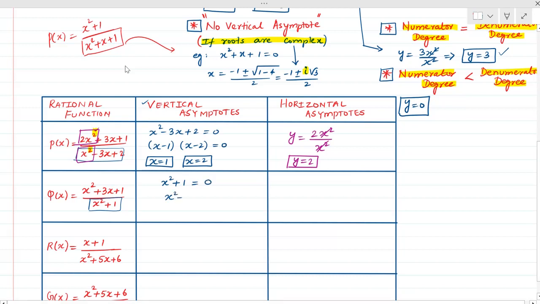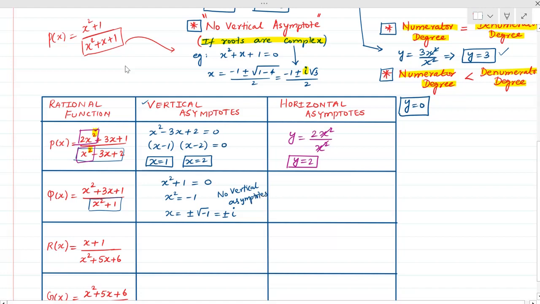X square is equal to minus 1. When you take the square root, you will get x equal to plus or minus i. So it is a complex root. We will say there is no vertical asymptote for this.